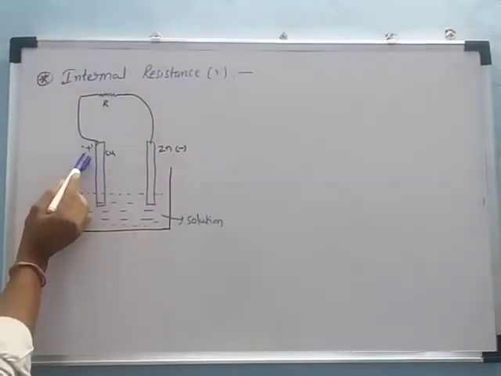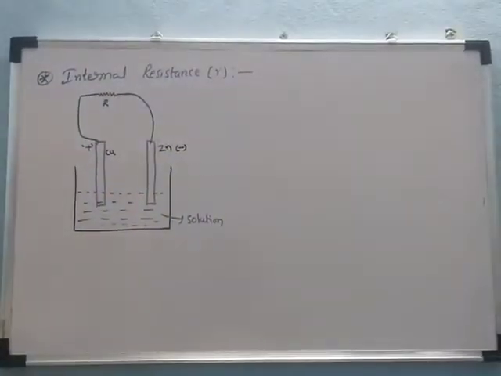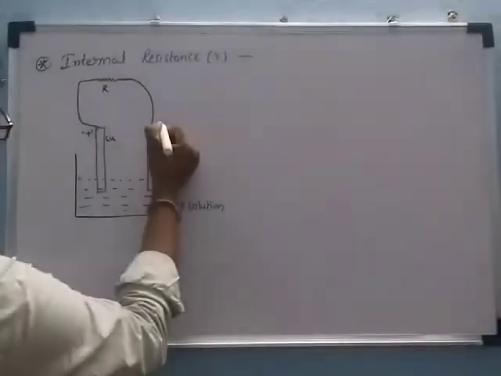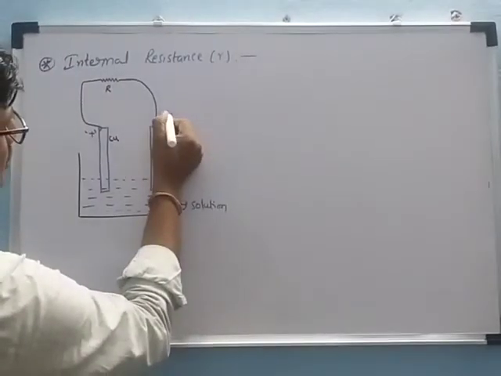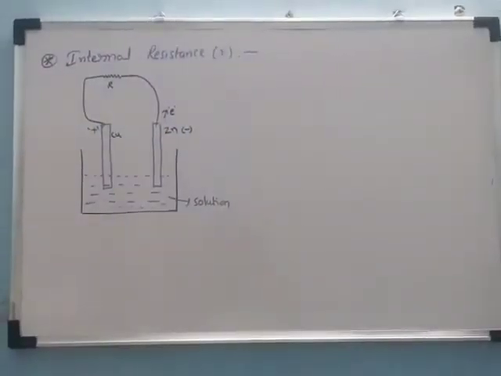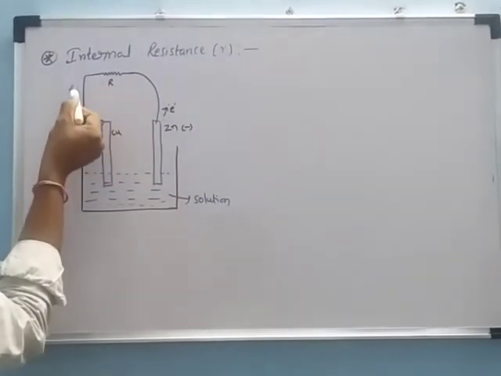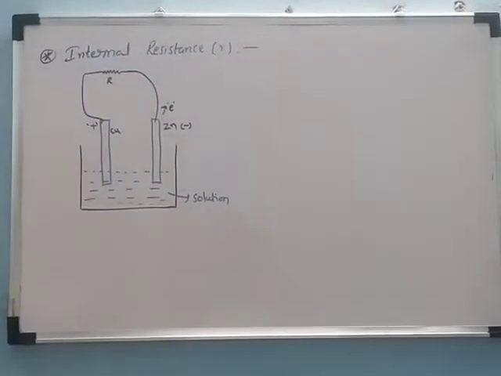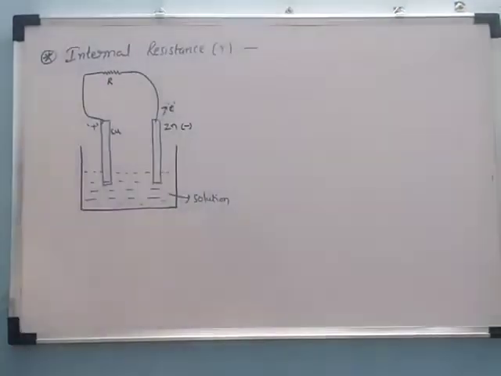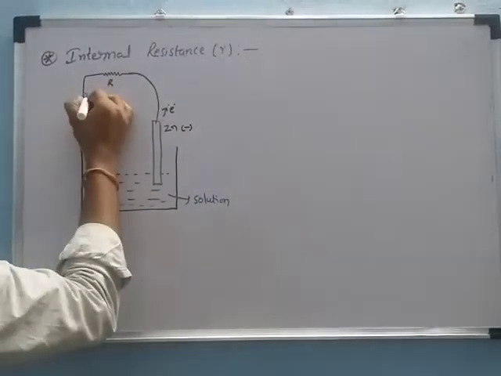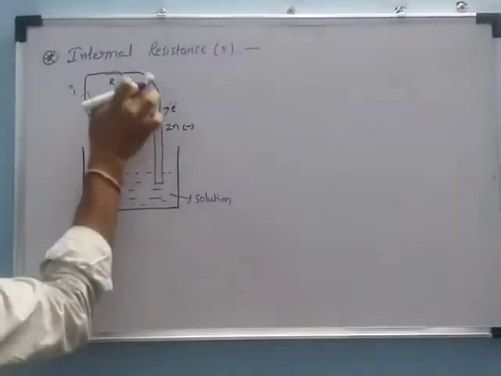The copper is connected to the positive terminal and zinc to the negative terminal. Electrons flow from zinc to copper, but the current passes from copper to zinc.